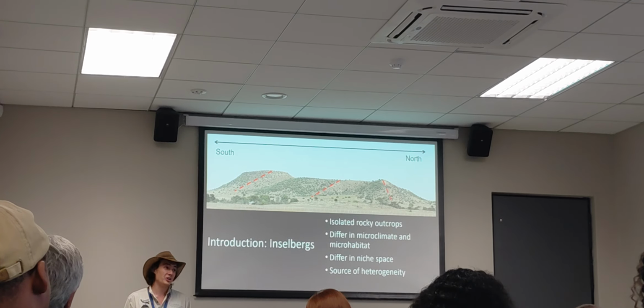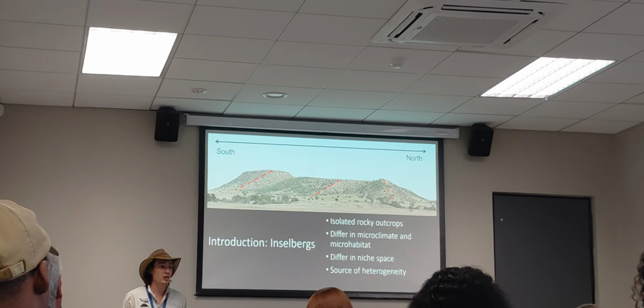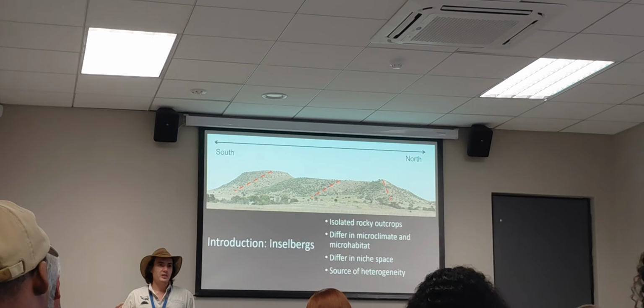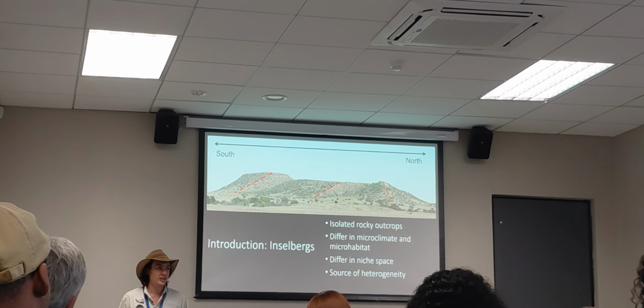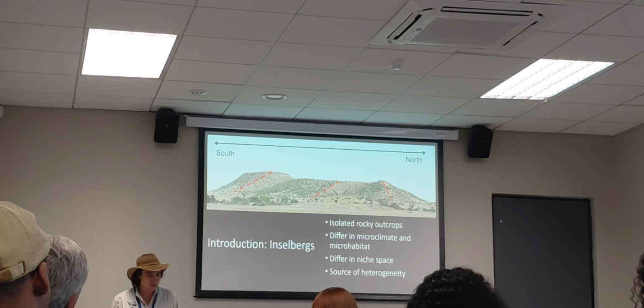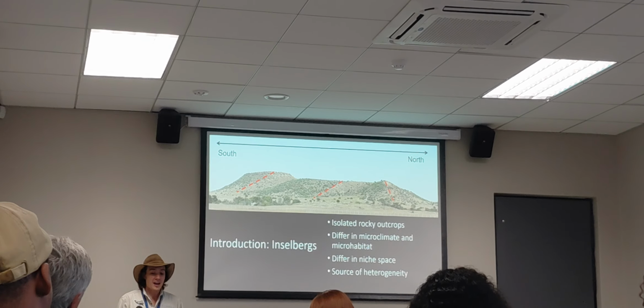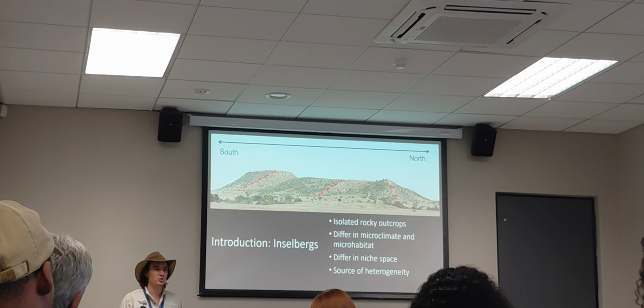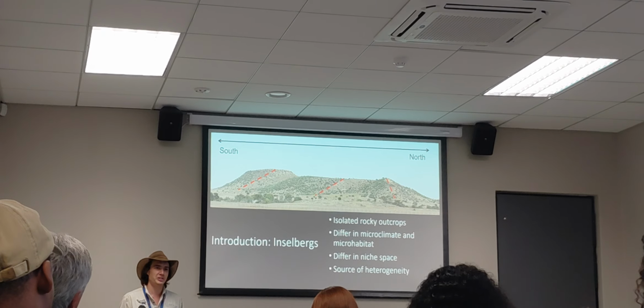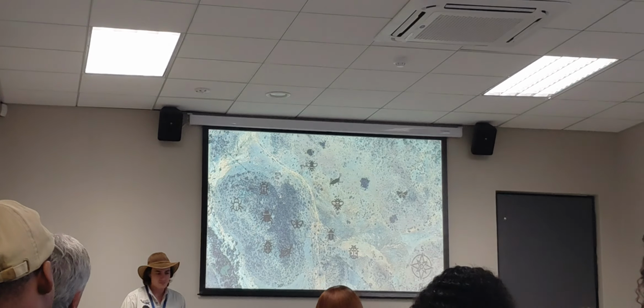So these differences in microhabitat and microclimate provide a space for niche differentiation, as Renee talked about earlier. And this gives you a source of heterogeneity in this otherwise homogeneous grassland landscape.